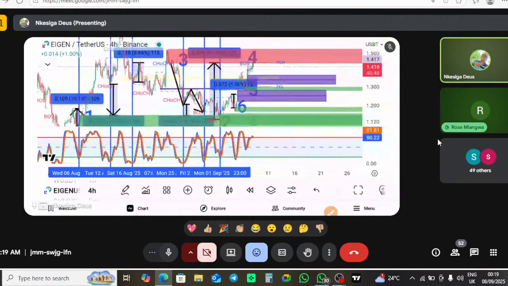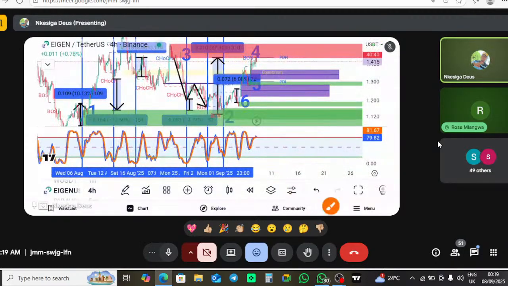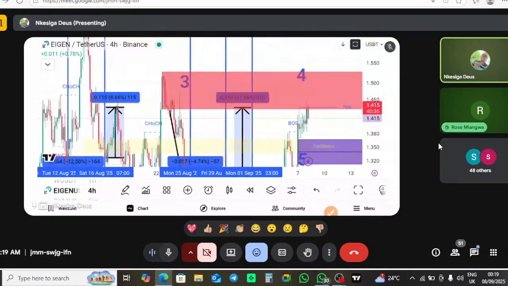No, we respect it when it is testing for the first time, like at number 4 now, because at number 3, let me try to zoom and first remove the RSI.